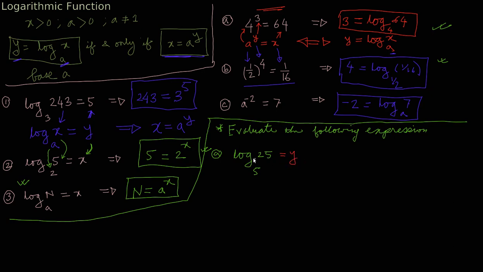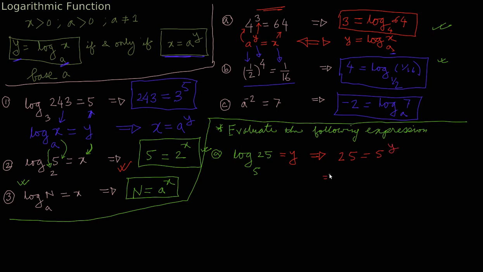Now if you notice, this is basically written in a logarithmic form. So if I try to express the same expression into exponential form, which we did here, I can write 25 equals 5 power y.